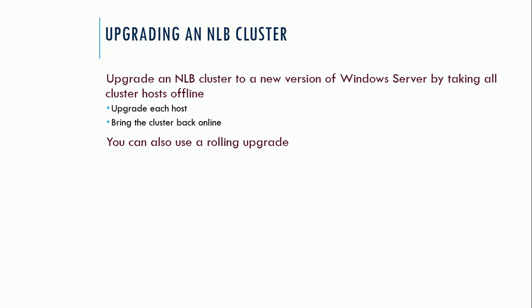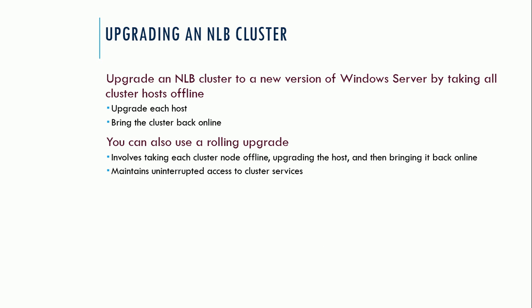They all have to be the exact same version, and the same version of the NLB feature. There is a way to do a rolling upgrade where you take each cluster node offline, upgrade it, and then bring it back online, and it should maintain uninterrupted access to the cluster services, but not all applications will support that. So it depends on whether it's supported.